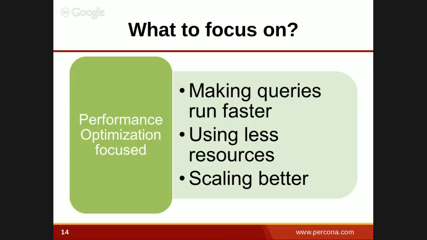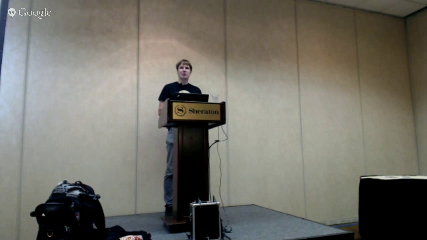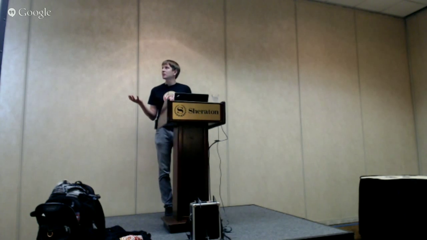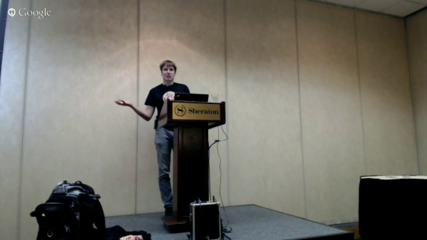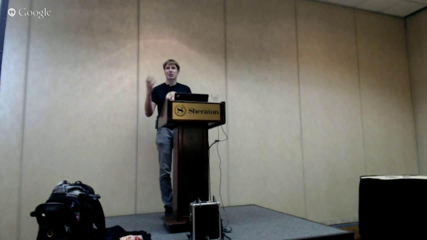If you look at it as a black box, that is essentially it. There is nothing more to that. Now, when it comes to performance optimization with MySQL, we want to make queries run faster as a primary goal. Then we often have secondary goals: how we can do that while using fewer resources and scaling better.